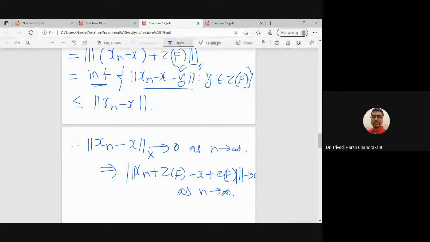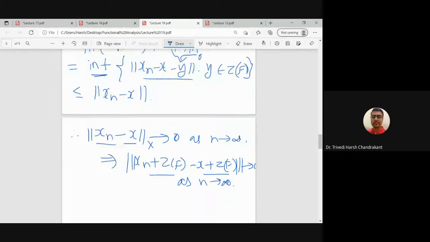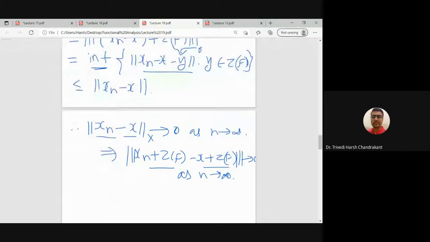What does this say? Whenever we have a sequence xn in X which converges to some element of X, then the corresponding sequence in the quotient space converges to the corresponding element of the quotient space. So xn converges to x implies xn plus kernel converges to x plus kernel.